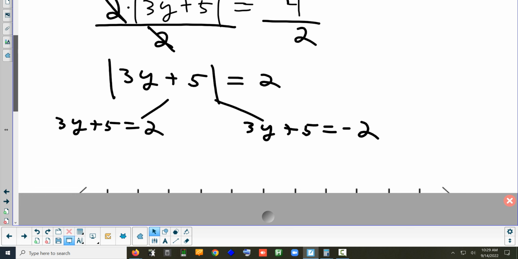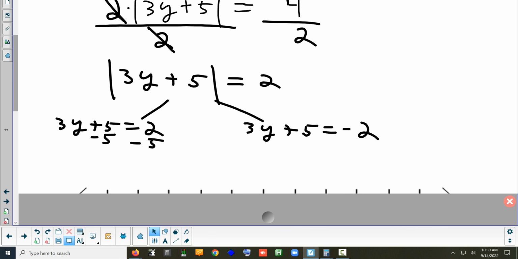And now, there's 2 problems to solve, but they're not as bad as last night. There's no distributive property. There's no combined like terms. So, Emily, how would I get y by itself? Good. Subtract 5 from both sides. That leaves me with 3y equals, what's 2 minus 5?